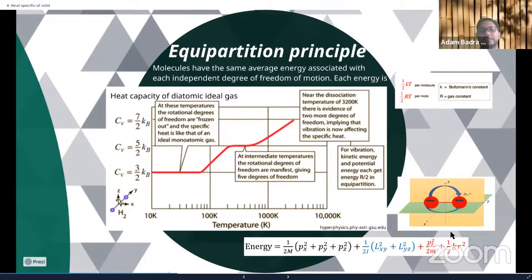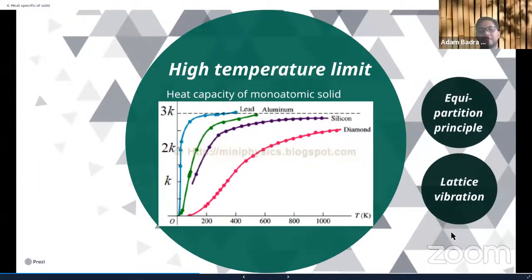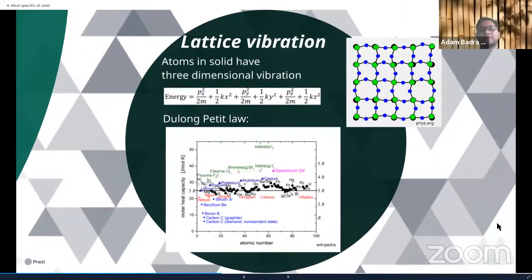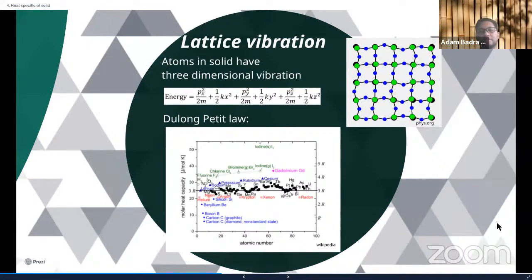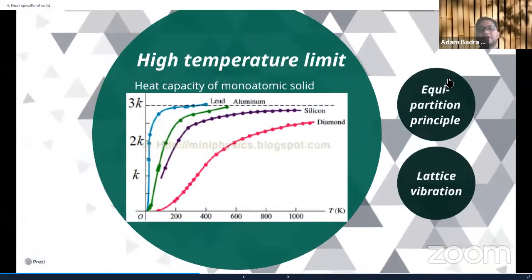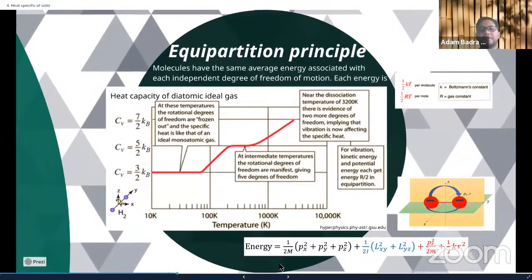This equipartition principle is nice, and we can utilize it for describing the lattice vibration in solids. In a solid, we don't really have translational movement, because microscopically the atoms are bound in the lattice. You don't have translational energy and you don't have rotational energy.